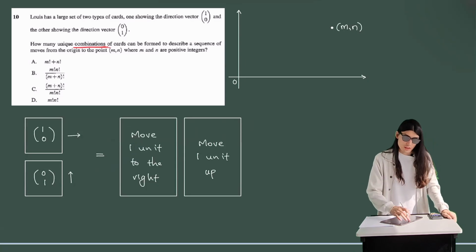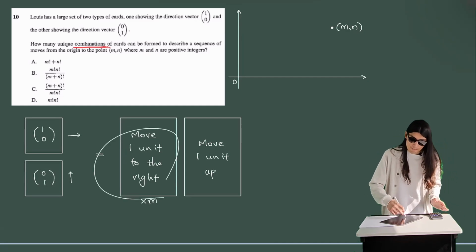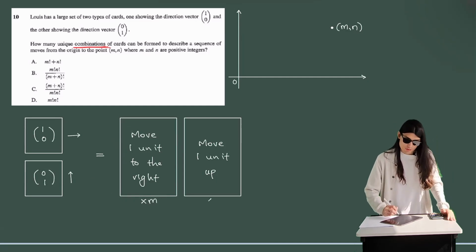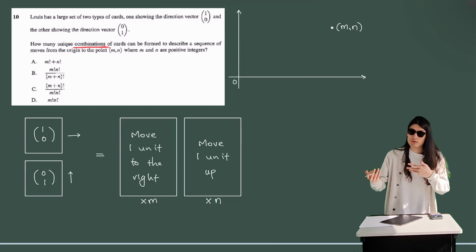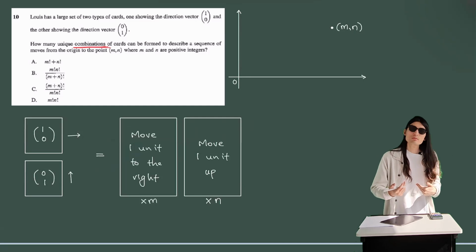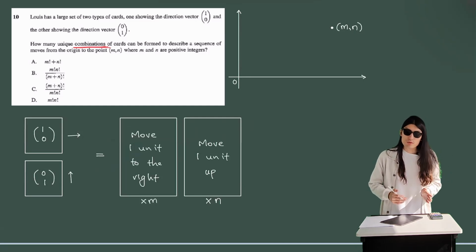And that combination is a set of cards that contains m of the cards that make you move 1 unit to the right, and n of the cards that make you move 1 unit up, doesn't it? Because to get from the origin to the point m comma n, you need to move m units to the right and n units up.